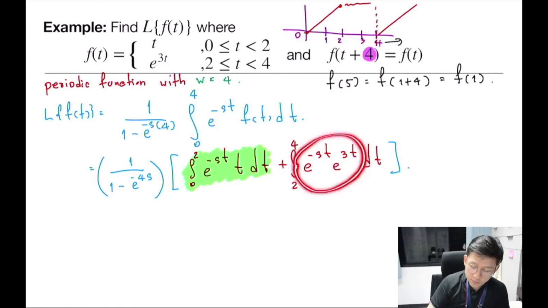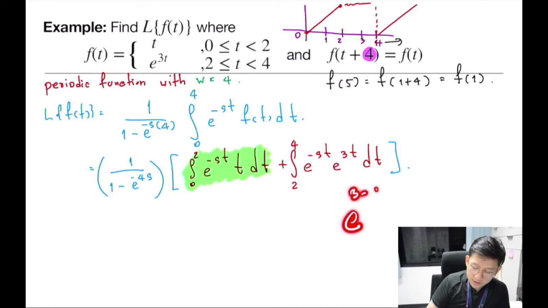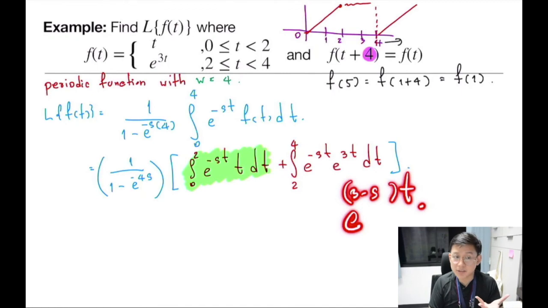And this one is pretty simple. It's e to the (3 minus s)t, so it's e to the u, and you can integrate e to the u. It's pretty simple.